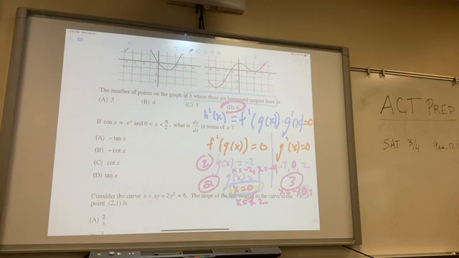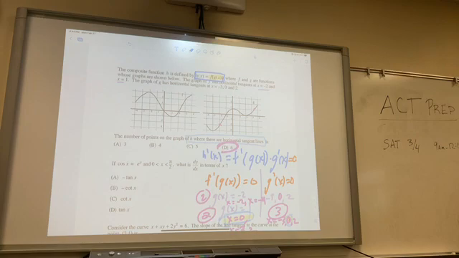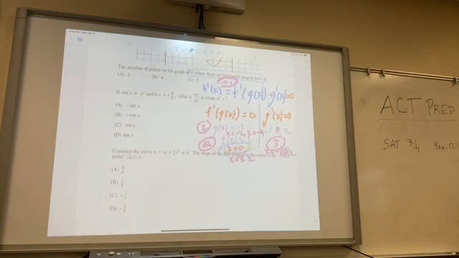If you have a function that goes like this, and it is 0 here, but it ends right there, I don't think it counts as a 0. Because, right, but see, as long as this is closed on the interval, what's g of negative 4? It's negative 2. And then what's f of negative 2? Oh. So it's an endpoint with g, but it's a derivative on f. Okay. I think we're okay.